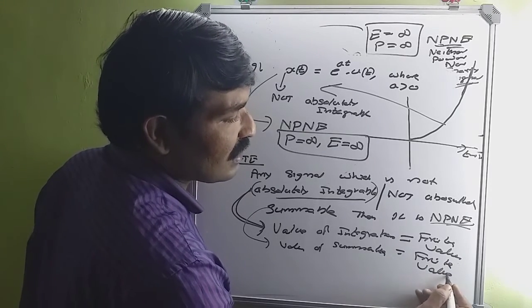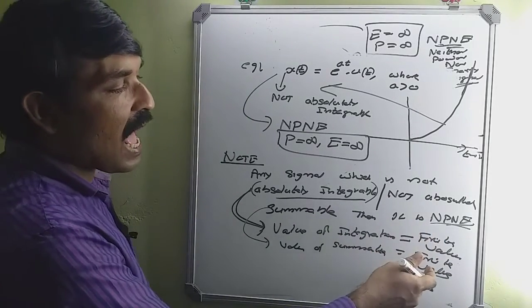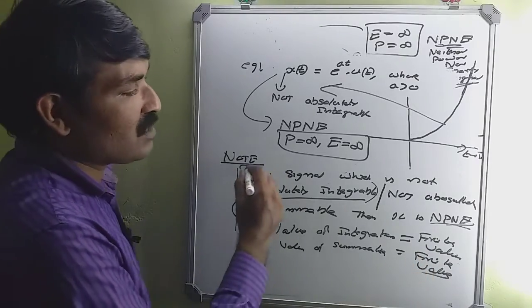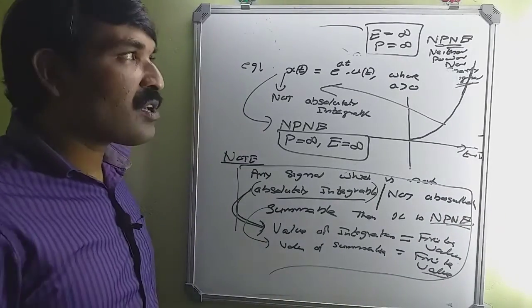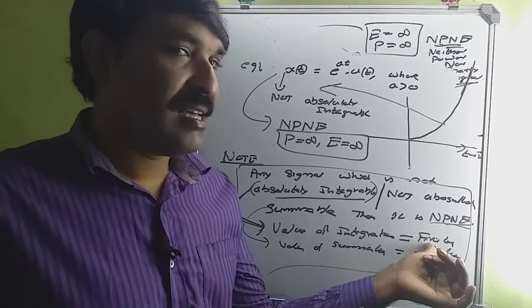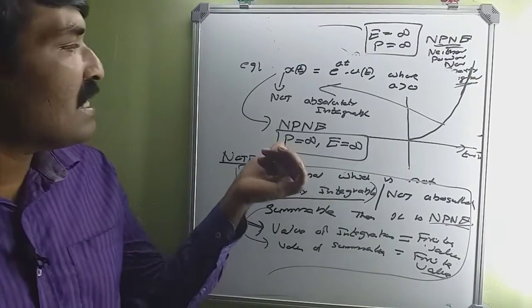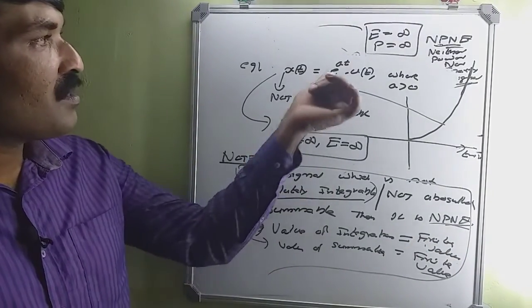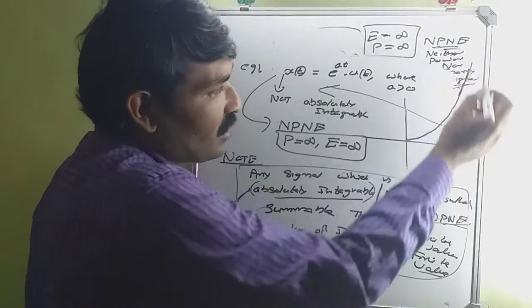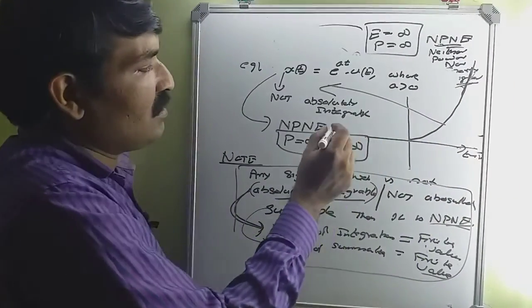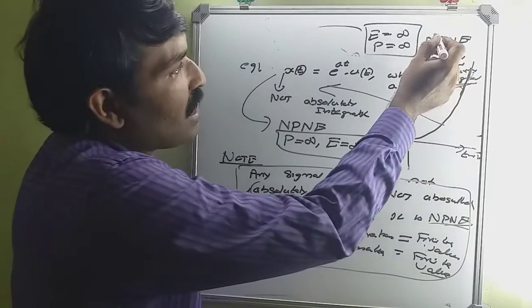This is the indication of absolutely summable and absolutely integrable. That is, value of integration or summation should result in a finite value. So any signal of this type, that will tend to infinity when t tends to infinity, then we can say that is NPNE.